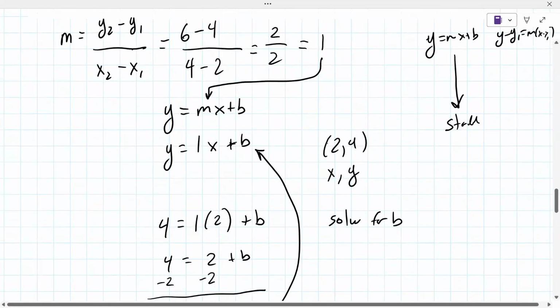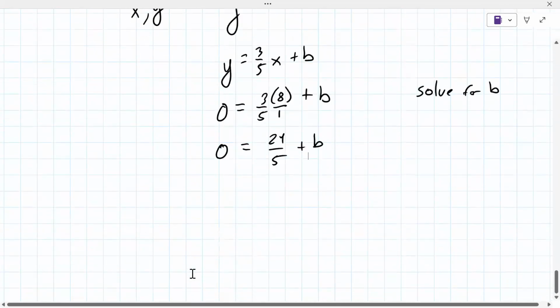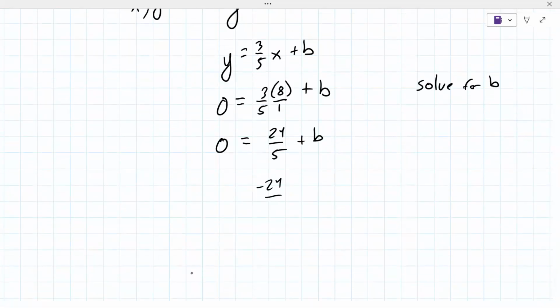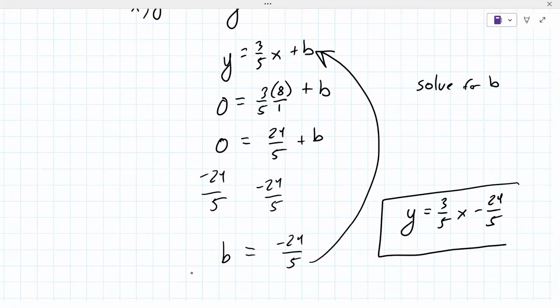We subtracted it. Right, so it's the same idea here. You're going to subtract 24 over 5 from both sides of the equation. So b equals minus 24 over 5. And that's what goes into this line for b. So it's y equals 3/5 x minus 24 over 5. And that's your final answer.